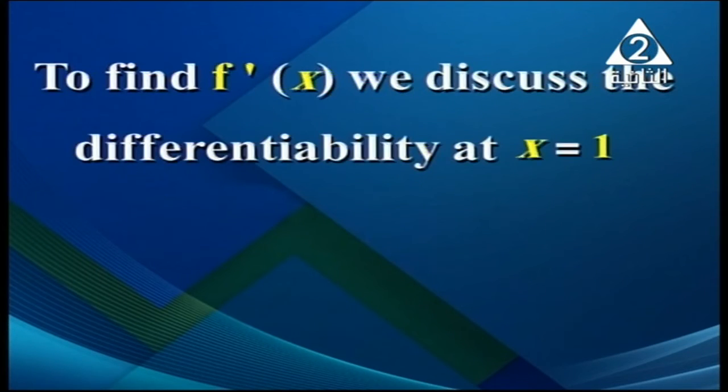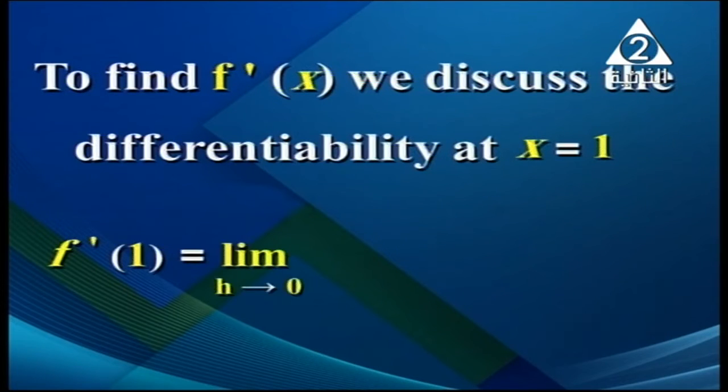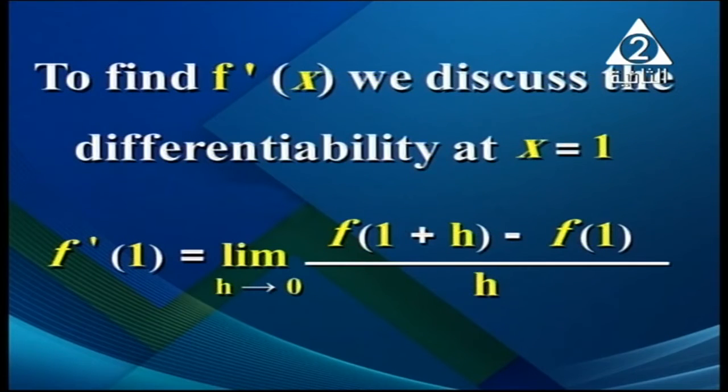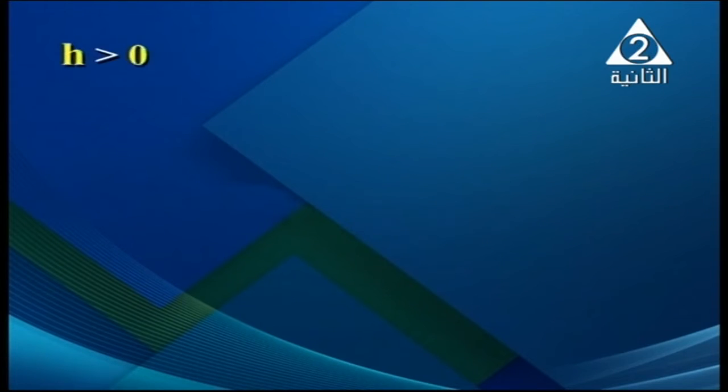To find f dash of x, we discuss the differentiability at x equals 1. How do we discuss the differentiability of the function at x equals 1? f dash of 1 is the limit when h tends to 0 of f of 1 plus h minus f of 1 over h.